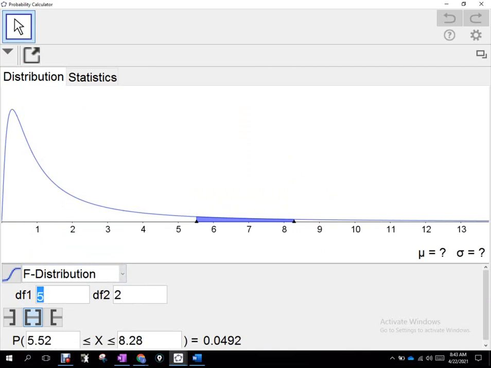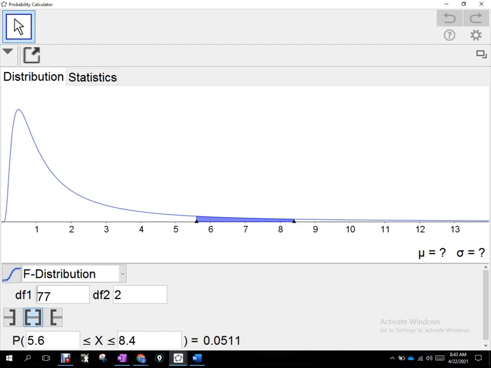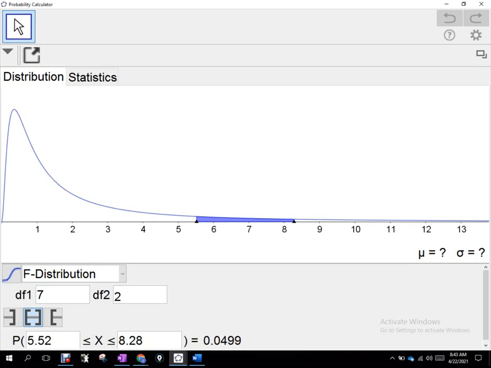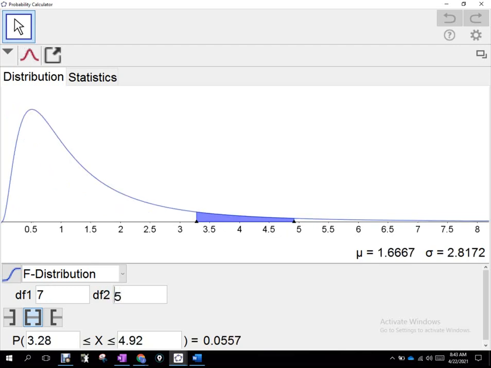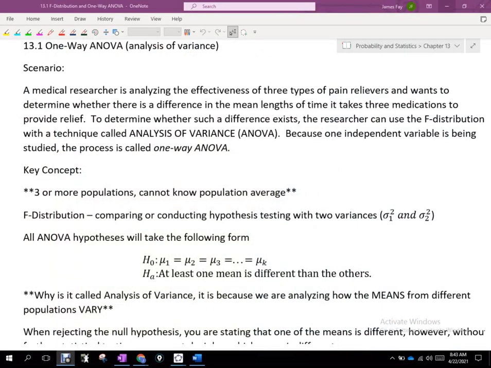So let's say if we go degree of freedom 7, let's make this like 5. So you can start to see that it's a skewed right distribution, correct? And when we look at comparing variances, that's the distribution we get.